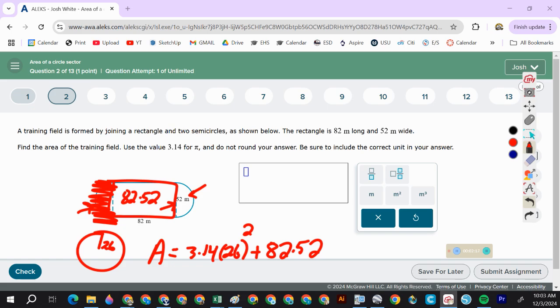If this were my shape, how is that going to change this calculation? Thoughts? Not going to change it, right? No, it will change it. What do I need to do differently? Somebody?